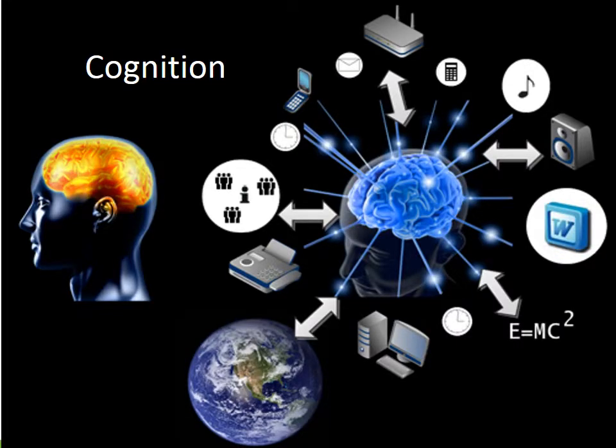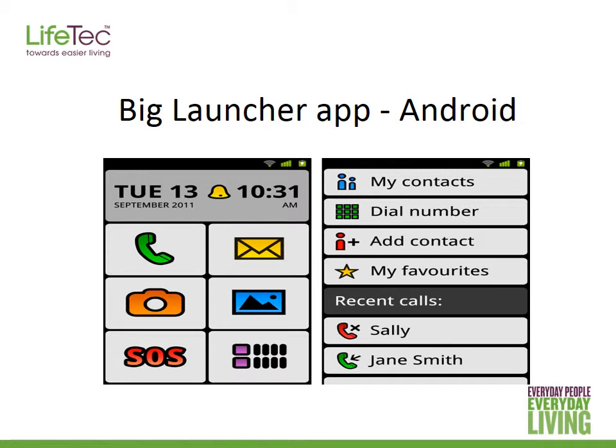The mainstream mobile devices are all designed to be quite complex, so someone with a cognitive impairment may struggle. The Big Launcher app, available under Android, is nice and simple and might be easier for someone with a cognitive impairment to use.